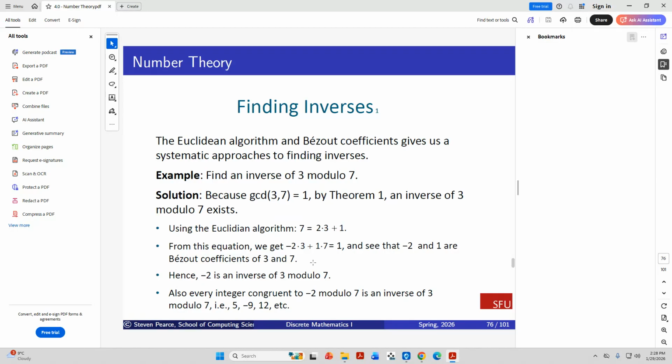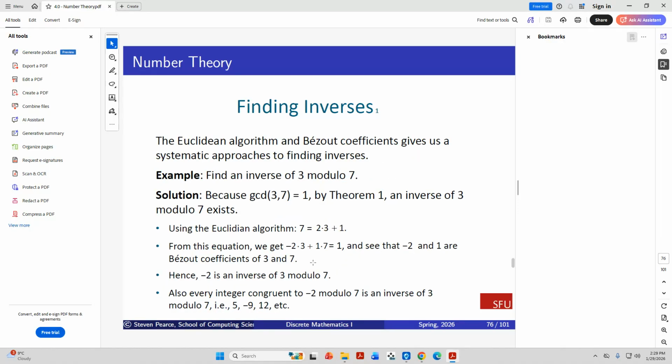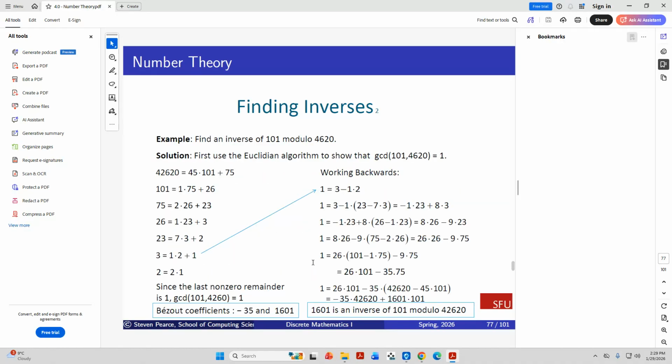We're using it for these small numbers, but for bigger ones, all this is doing is going through the same thing. You go through this process, you get the inverse, and then you get Bezout's coefficients. And from this backwards analysis, using Bezout's coefficients, you end up with 1601 being the inverse of 101 modulo 4620. Okay.